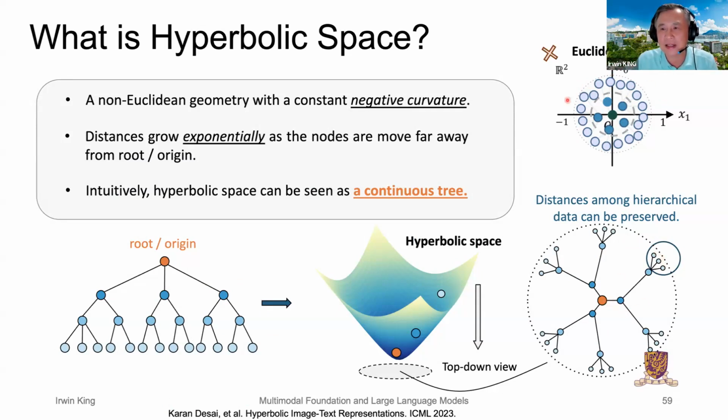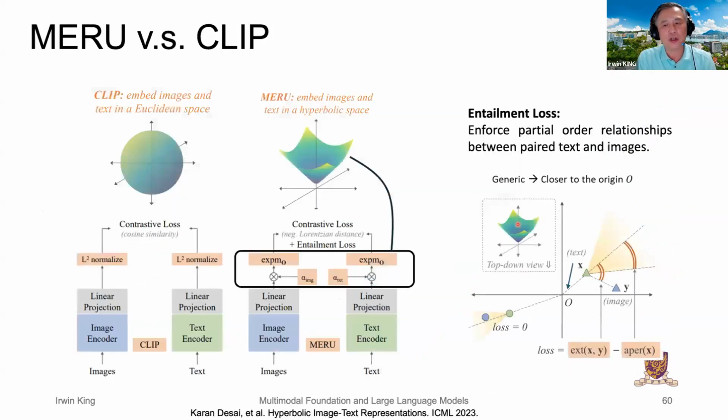Whereas here, these will be close together when they are far away. But in the hyperbolic space, they're actually further apart.